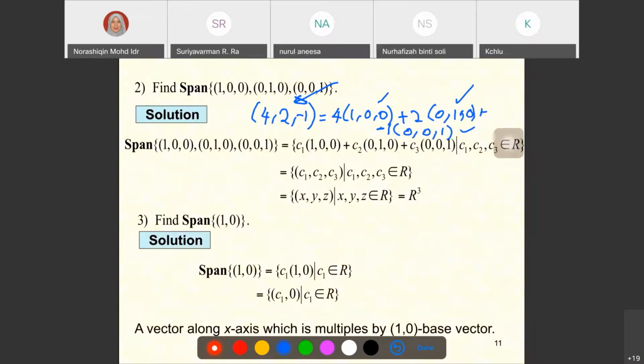So the spanning set of (1, 0), how does it look like?